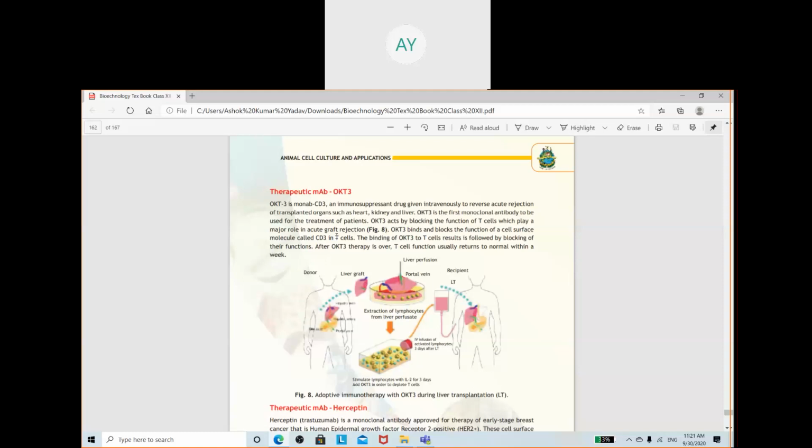Before that surgery, they need to inject OKT3 so that the kidney can easily join. Otherwise, your body will reject it. No blood relation will be helpful in that situation. Your body will reject it: this is not a part of my body, due to the presence of CD3 protein on the T helper cell.